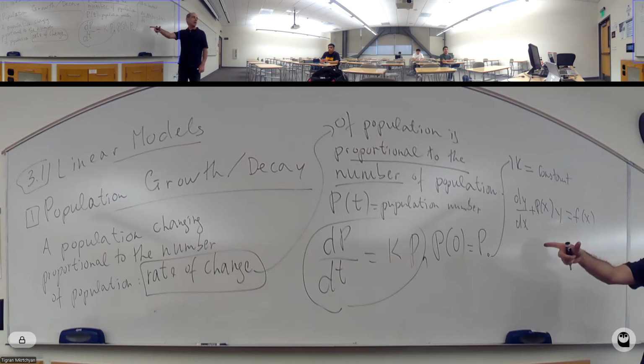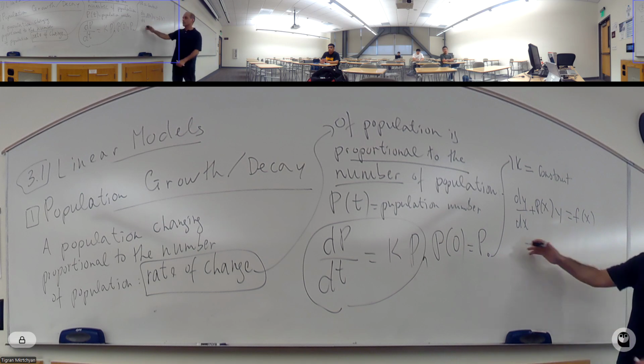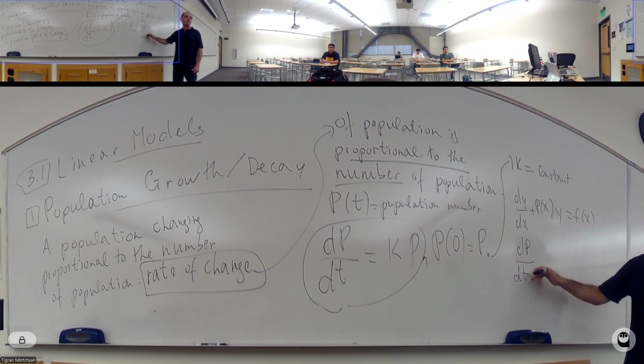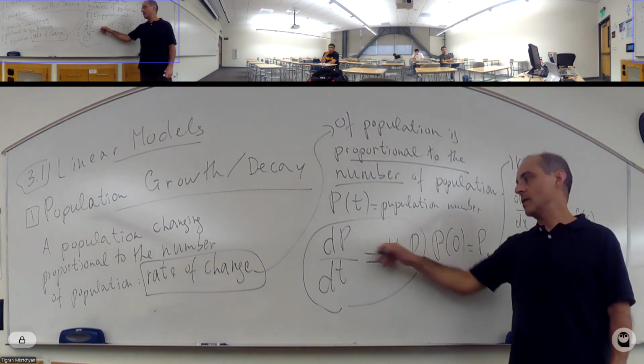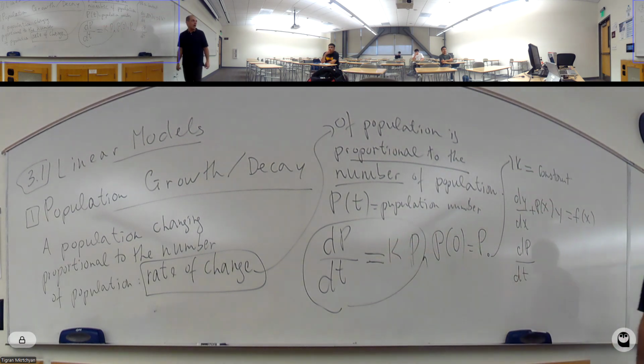Can I write it that way? Well, instead of y, I have p, right? Instead of x, I have a t, so how would I write that? dp dt, is that one? Plus k times. But this is the question I have, right? Can I write it in that form if y is the p?